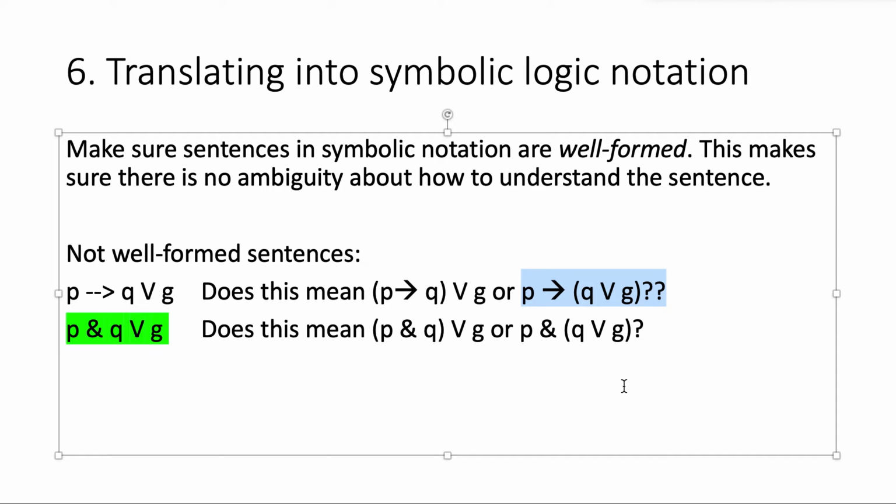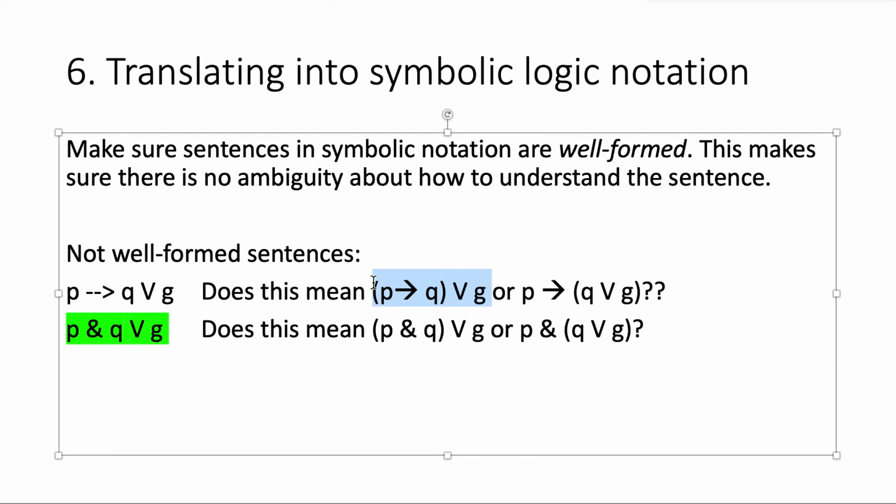It says, if P is true, then this disjunction is true. On the other hand, this sentence, the main operator is the or, the disjunction, and that means this sentence is basically just an or sentence. It's a complicated or sentence, but nonetheless, it's just a disjunction.